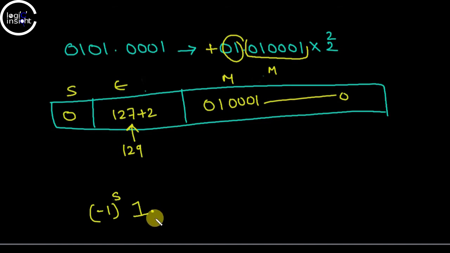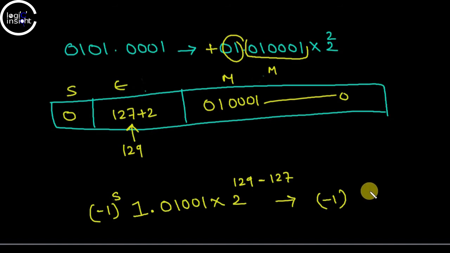So we have to represent 1 dot the mantissa, 010001, times 2 to the power of the exponent. Since we added 127, here we have to subtract it: 129 minus 127, which gives 2. Since s is 0, we get plus 1, so 1 1.010001 times 2 to the power 2.